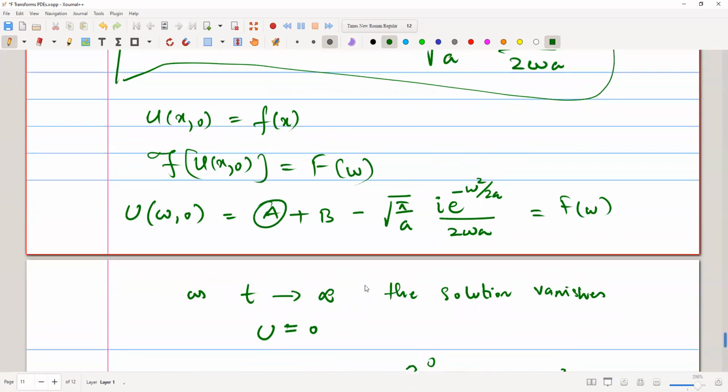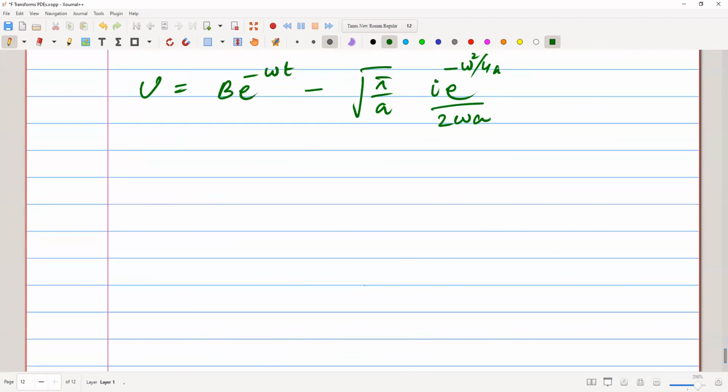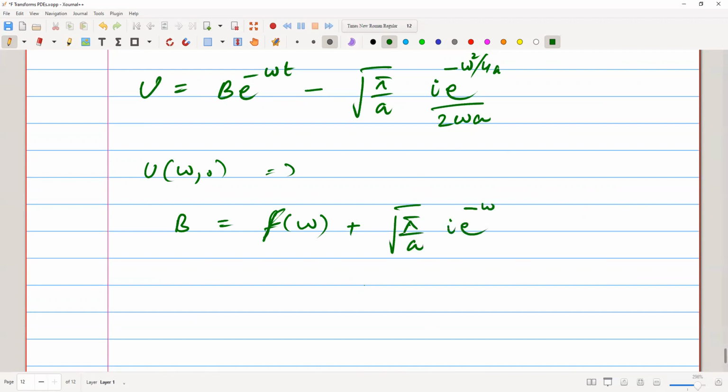So u of omega comma 0 implies that b equals f of omega plus square root of pi over a iota e to the power negative omega squared over 4a over 2 omega a.